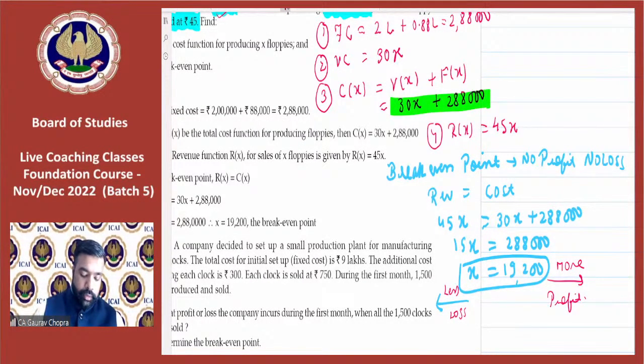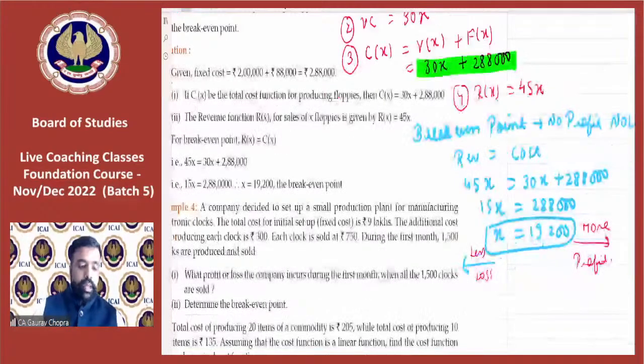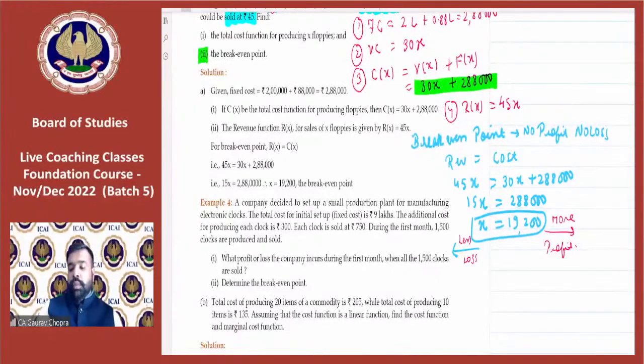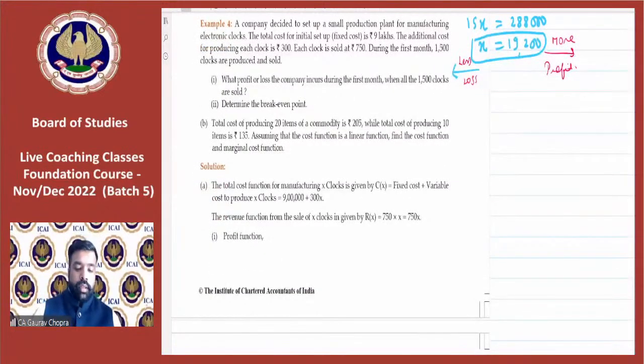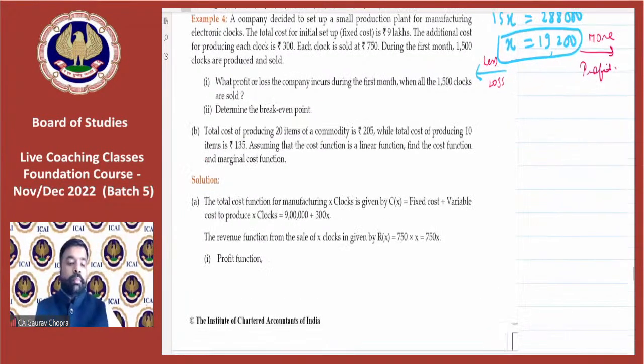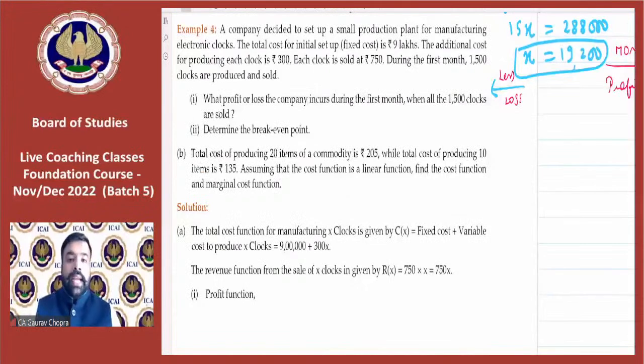All right. So this was example number 3. Next, we can calculate example number 4. A company decided to set up a small production plant for manufacturing electronic clocks.